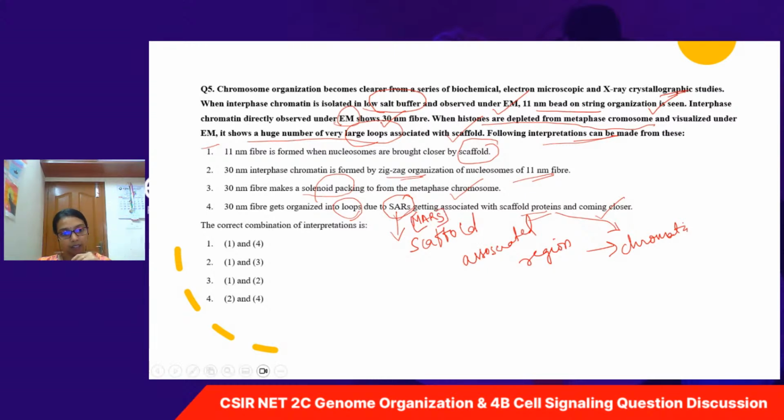Both are the same. So what is the correct combination here? Just try to remember the packaging part. You'll be able to get it.